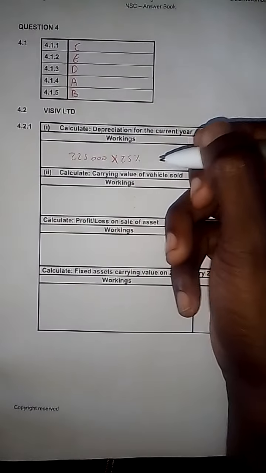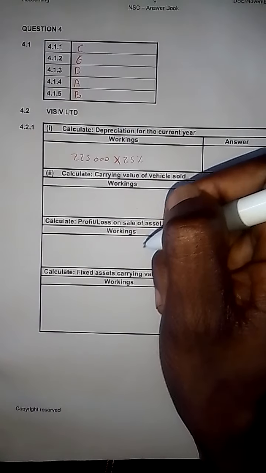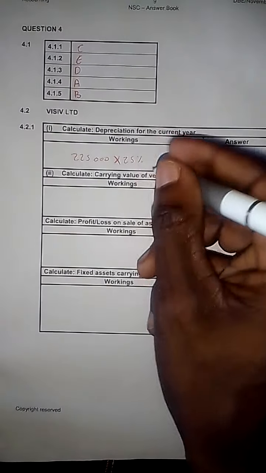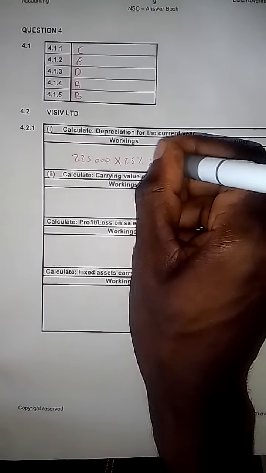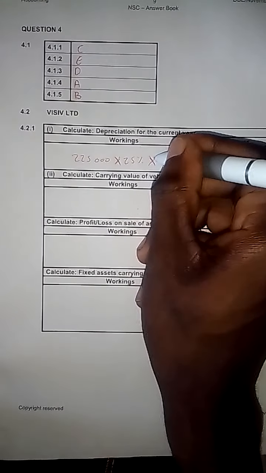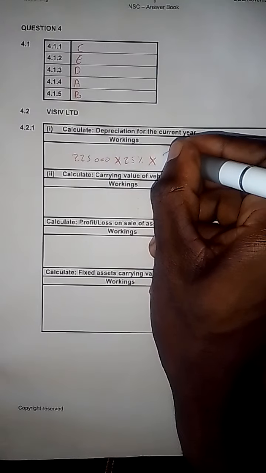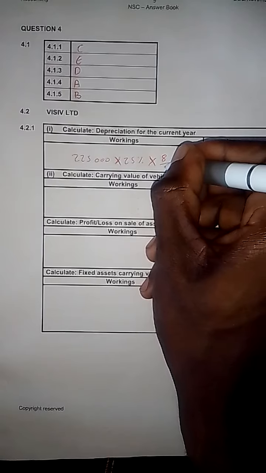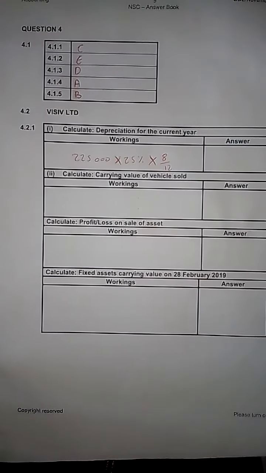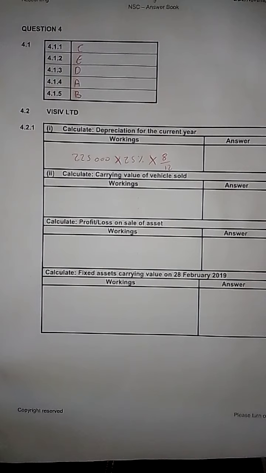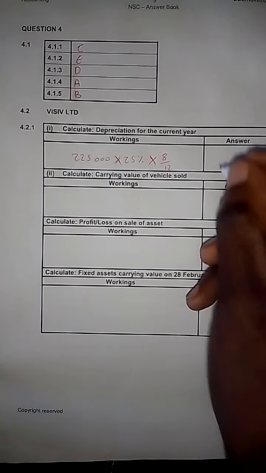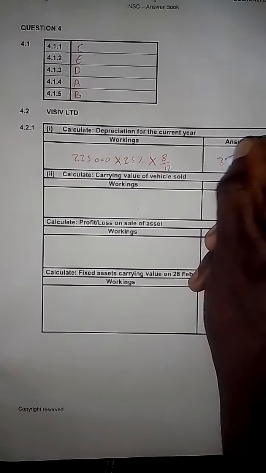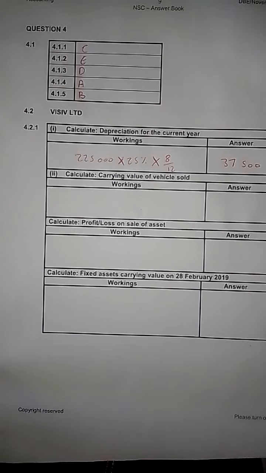Remember it was sold on 31 October, so we have to count the months because it didn't last 12 months. If you count the months, it gives you 8 out of 12. If you punch this into your calculator, you're going to get the amount of 37,500. Then you will be done with Roman figure number 1.